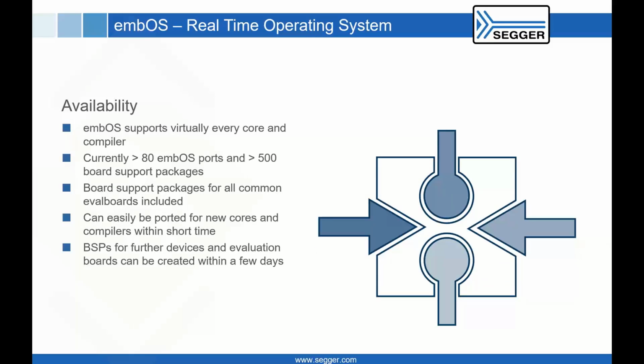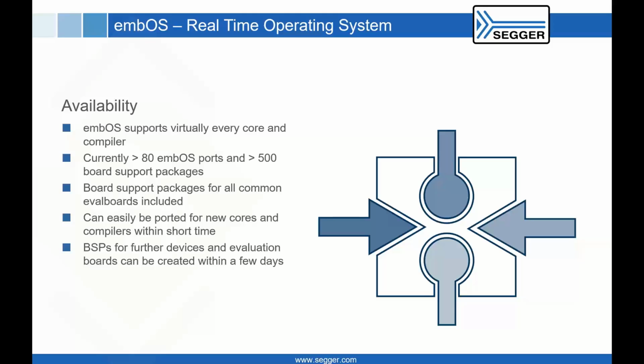One other big item is availability. So as you will see, MBOSS supports virtually every core and every compiler, and there are currently over 80 MBOSS ports available, and within those there are about over 500 board support packages. So we'll talk about that more, of course, in this webinar later on.